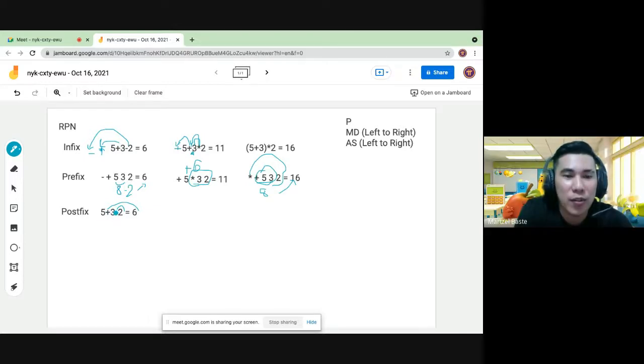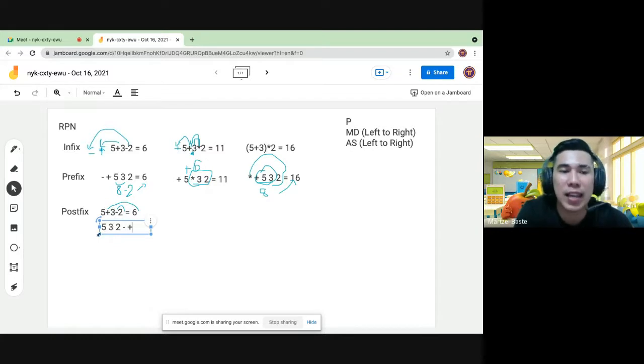So either way around, the resulting postfix ani would be, so you have here 5, 3, and 2. And then you have plus and then you have minus and then you have plus, or either way around, because again left to right na gihapon na siya. So when you subtract 3 and 3 minus 2, it's 1, plus 5, it's 6.